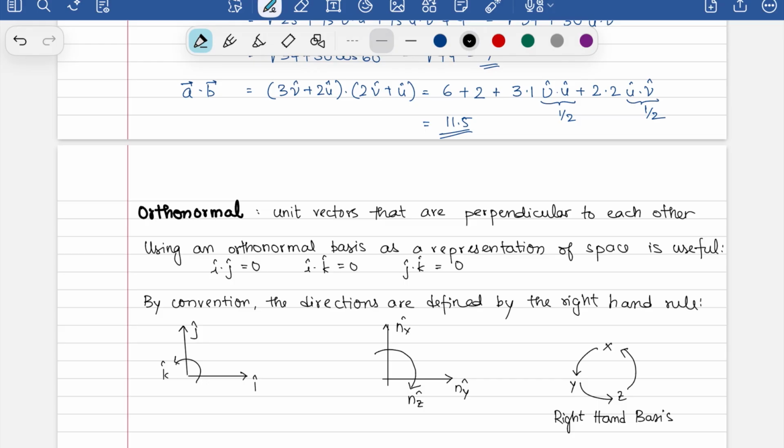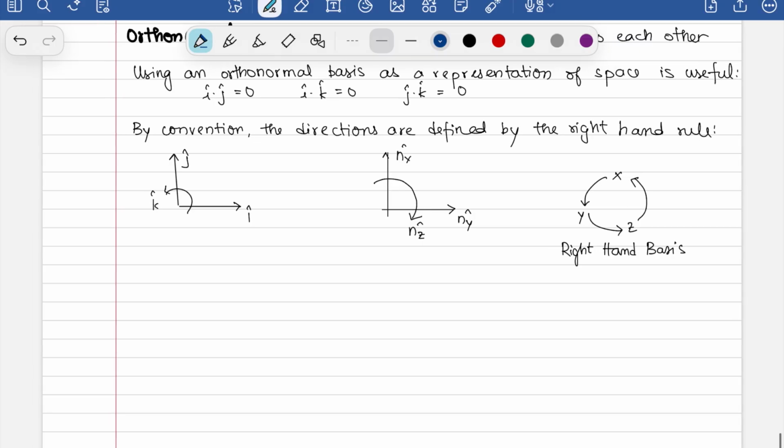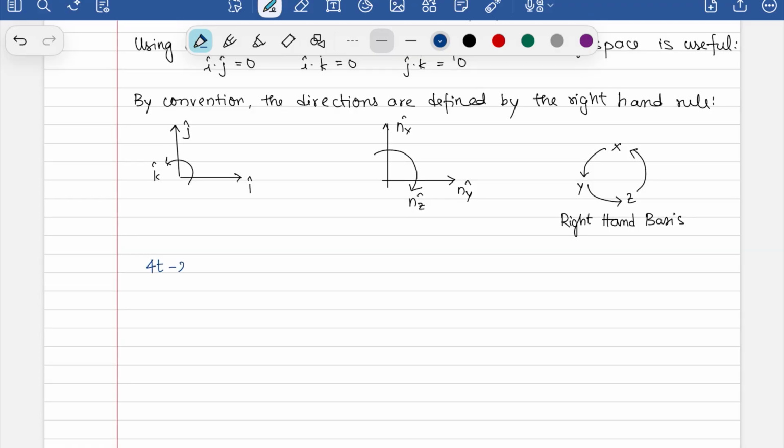So with that, let's now look at a very simple problem. Well, actually, it's not really a problem, but let's say that you have used your basis representation and you've arrived at (4t minus 2) i hat plus 3y j hat is equal to 2 i hat plus 6 j hat.